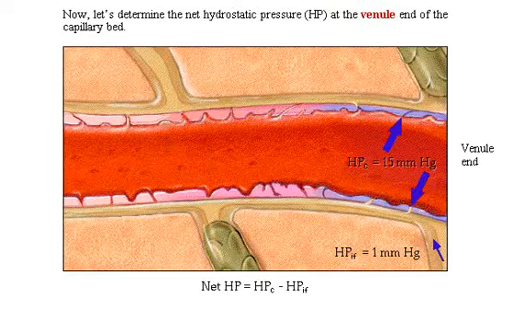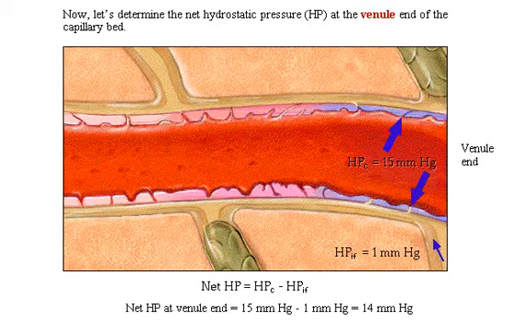Now let's determine the net hydrostatic pressure at the venule end of the capillary bed. Here, 15 millimeters of mercury minus 1 millimeter of mercury gives us 14 millimeters of mercury for the net hydrostatic pressure at the venule end of the capillary bed.